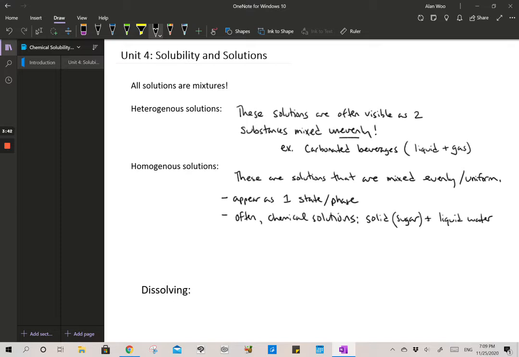But when this happens, and they have to be uniform, we actually call it dissolving. So a lot of our homogeneous solutions have dissolved substances in them. So often we have a solid dissolving in a liquid.